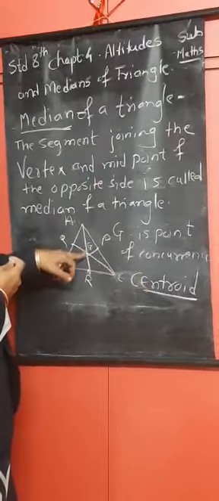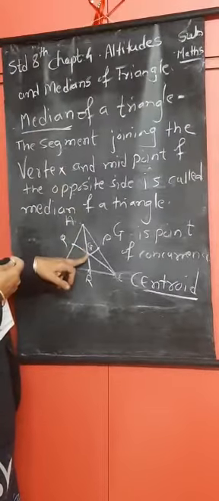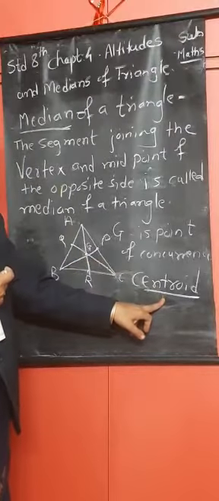G is the point of concurrence of the medians and this is called the centroid of the triangle.